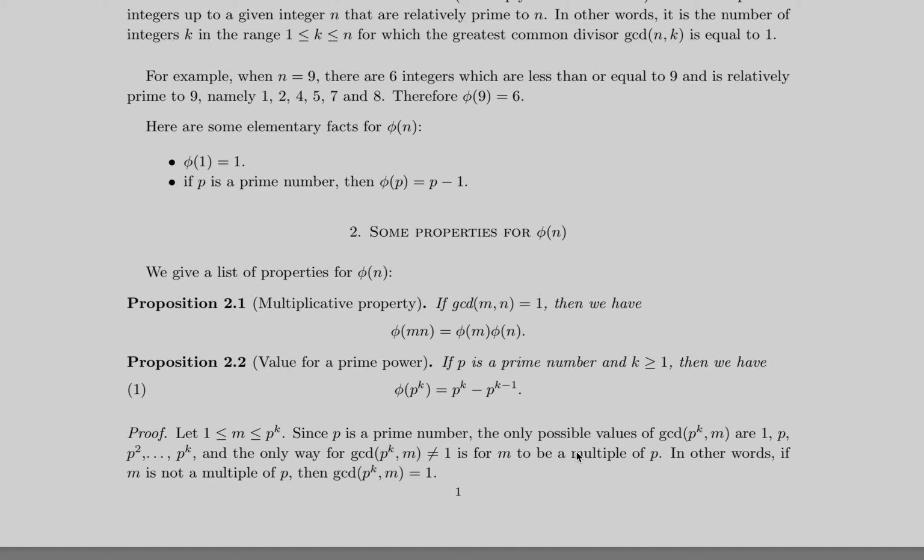If m is a multiple of p, then of course the GCD will be some power of p. In other words, if this integer m is not a multiple of p, then the GCD will be equal to 1.